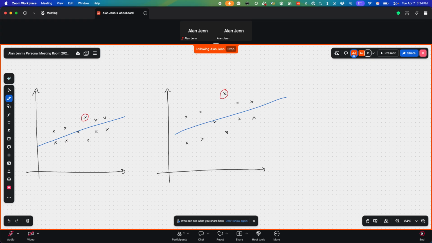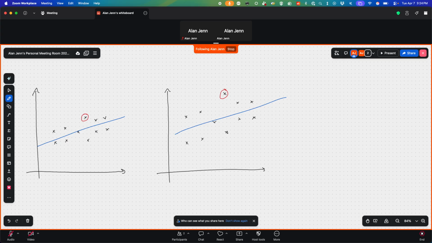So now I have a question. If I were to take a point away, so let's say specifically this point that I've circled, which line is likely to change more? The one on the left or the one on the right? What do you guys think? Right. Yep.